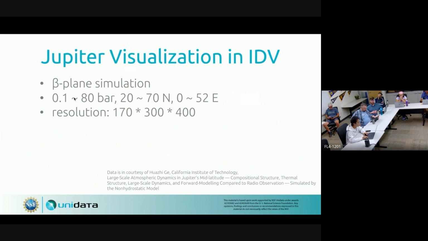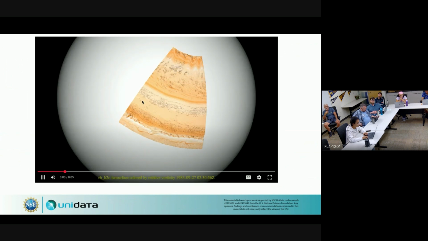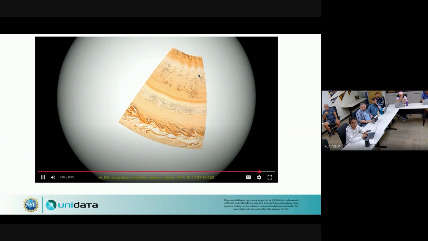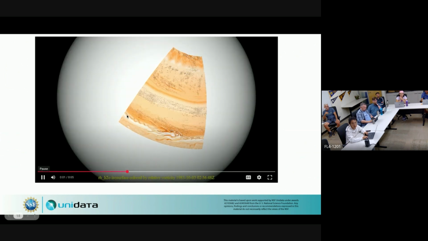The pressure levels, from 0.1 to 80 bars, are pretty deep, from shallow level to deep level on Jupiter. And it has a latitude and longitude range of about 50 degrees. So you can see here is a simulation of the cloud structures on Jupiter's surface.